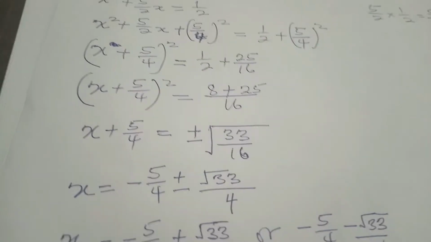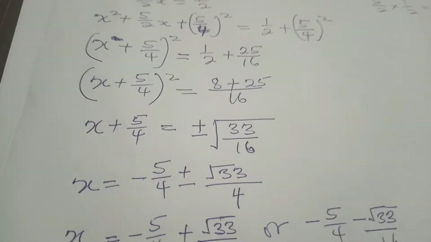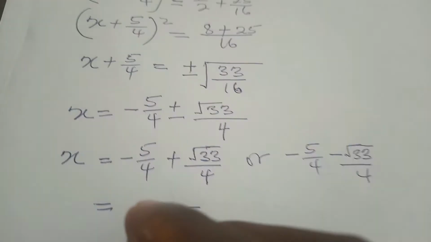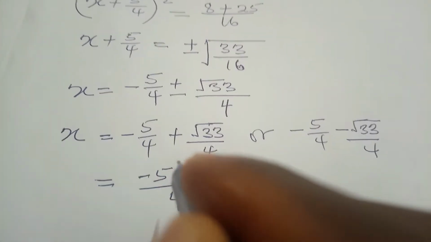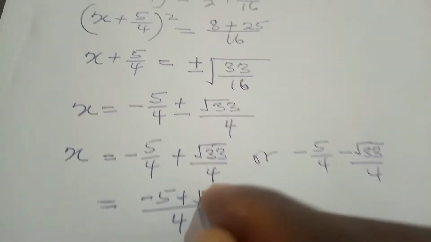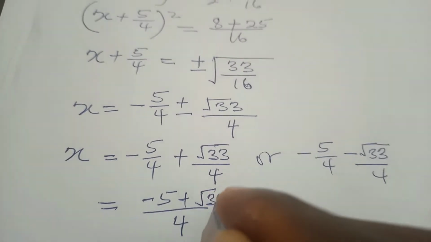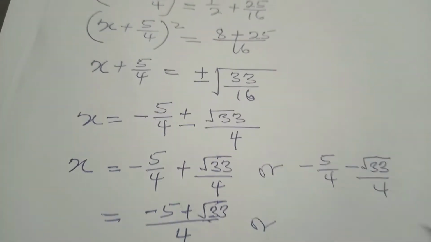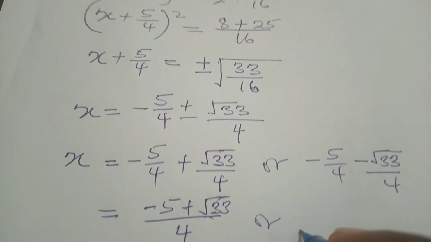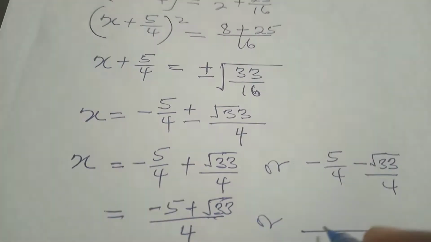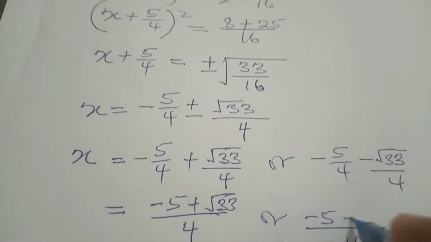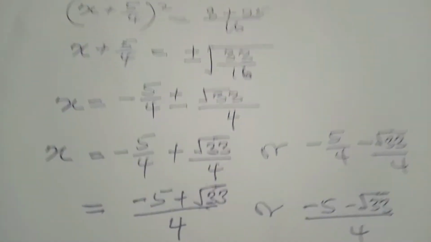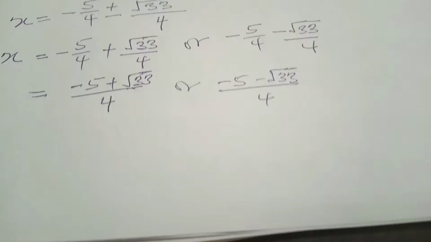Maybe to simplify further, the LCM is 4, and we are going to have negative 5 plus root 33 over 4, or, with LCM 4, negative 5 minus square root of 33 over 4. So this is the answer in surd form.